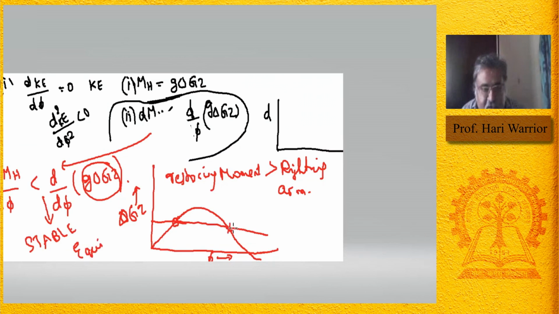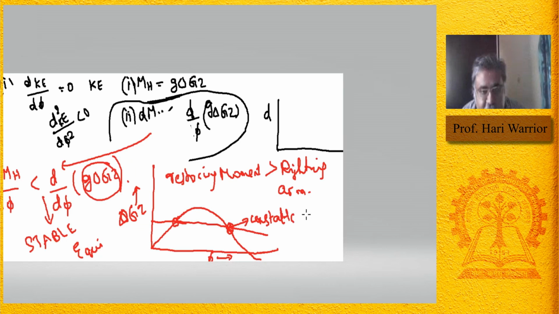Whereas at this point, d by d phi means when you are going to the right, as the phi keeps increasing. So when the phi keeps increasing here, in this case, you have G delta Gz greater than the MH slope, and when that happens, this is the unstable equilibrium.